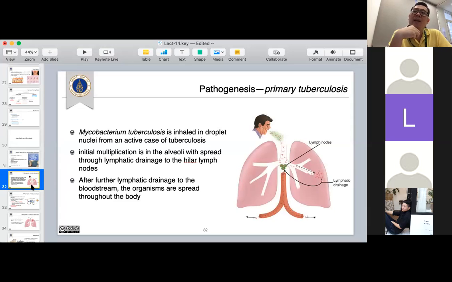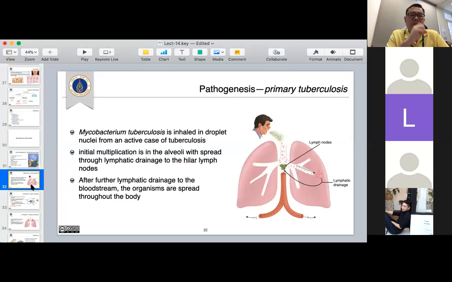There is some research trying to identify the bacteria in the environment, but they did not find any. So the bacteria spread from one person to another, and the infectious dose of MTB is very low. Just one cell, and you can get infection.